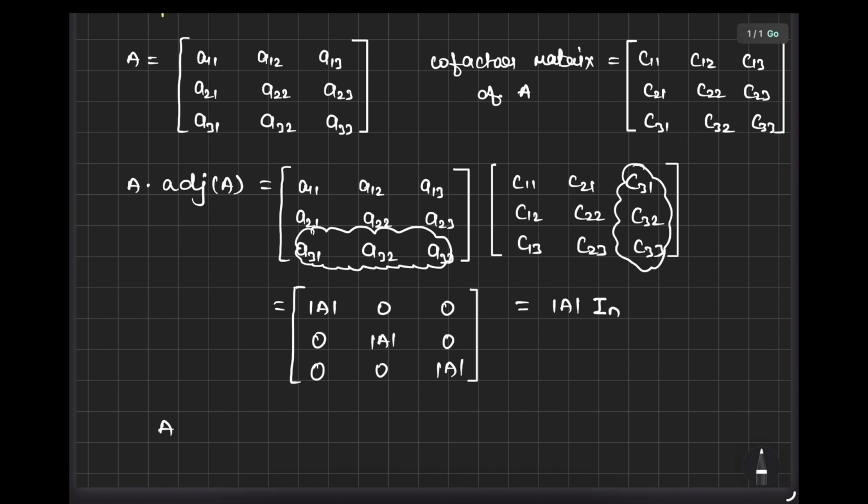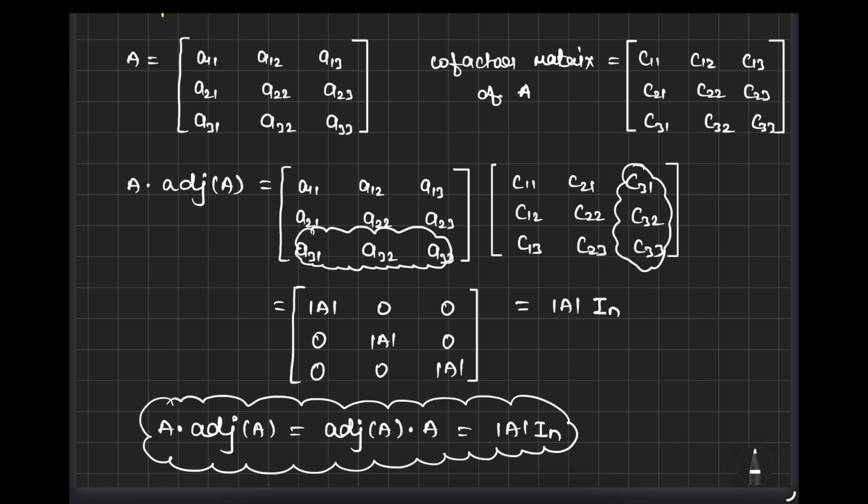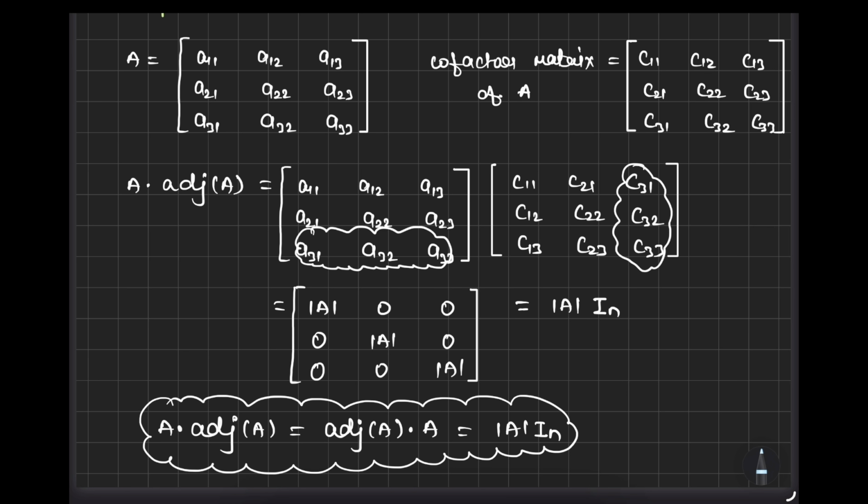So can I say that A times adjoint of A, or adjoint of A times A, will always be determinant of A times I n. This result is super important. From this result only we will be extracting all the different properties. So please digest this idea that A times adjoint of A, or adjoint of A into A, will be determinant of A I n. Comfortable?